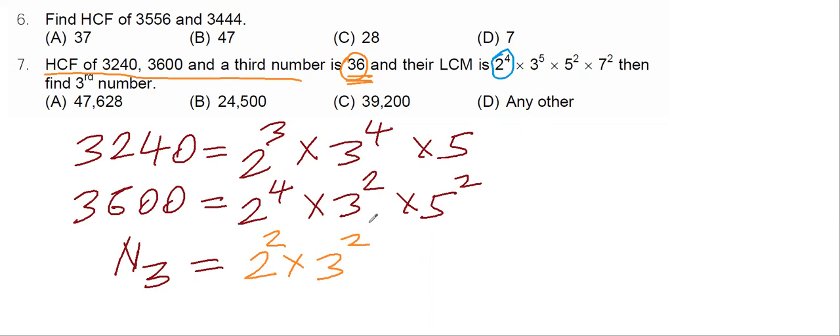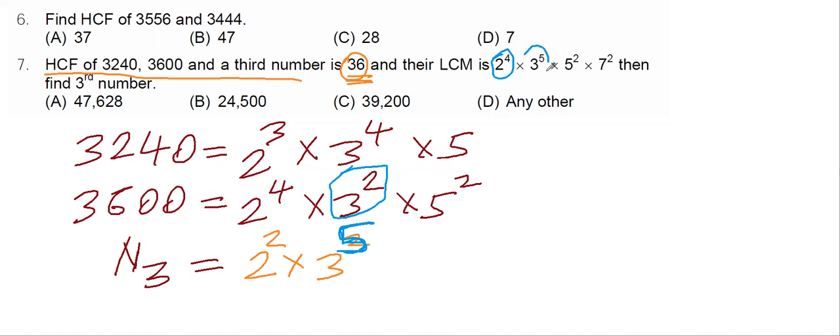No, I don't have. So I will make this 3 to the power of 5. Why? Because LCM says I need 3 to the power of 5, and HCF they say I need 3 square, which is fulfilled here. So I'm safe.